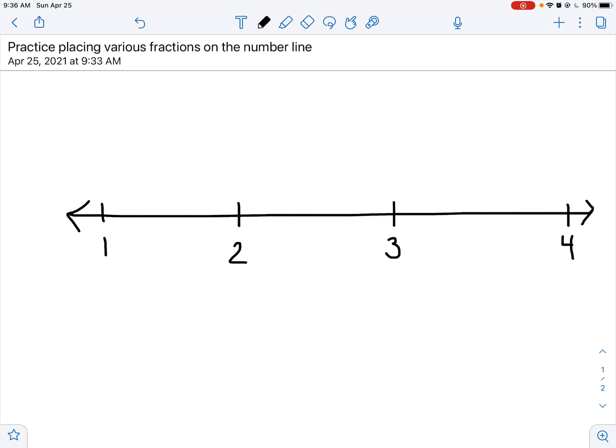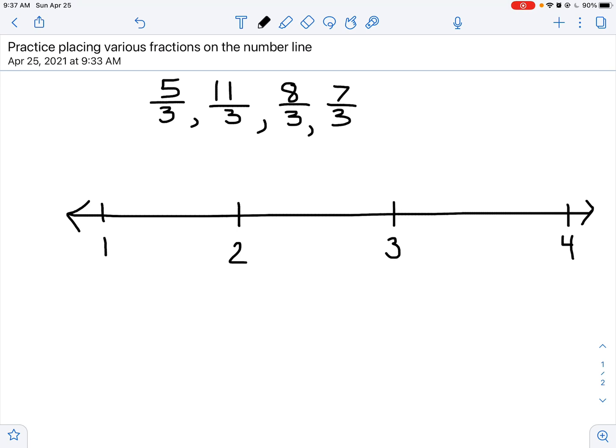So let's say they ask you to place the fractions 5/3, 8/3, 11/3, and 7/3 on the number line. Okay, so let's say they've asked you to place these on the number line.